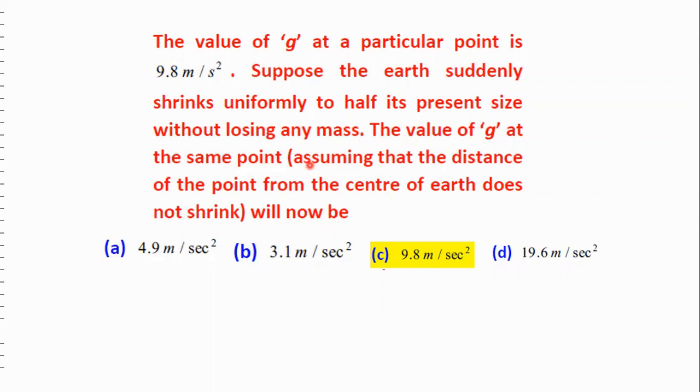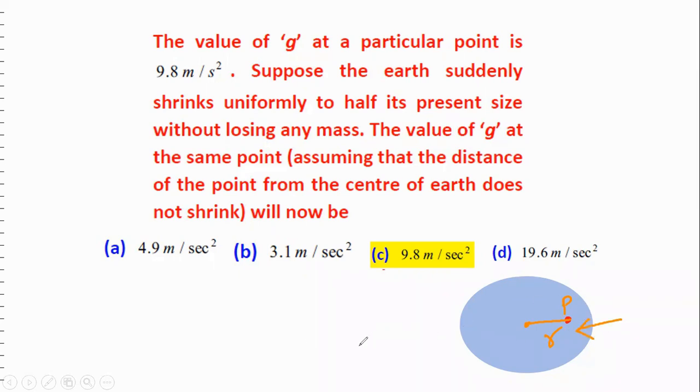Suppose g at a particular point is given. A particular point means, let us suppose, a point P at some distance from the center.